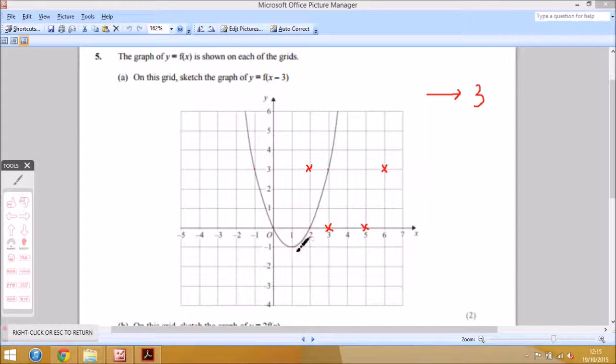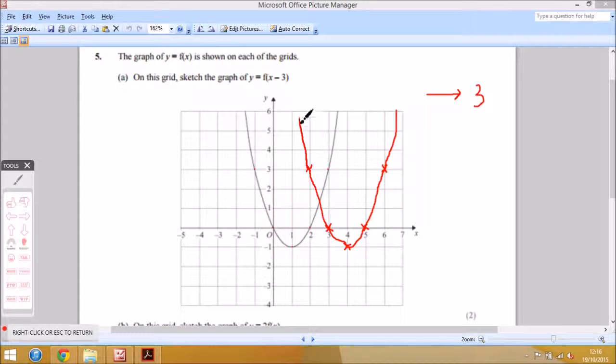Lastly, we've got this point at the bottom, which is the minimum point of the quadratic function, and that ends up there. So you start with those points first, and then you use them to build the rest of the graph. Remember, this is a curve, so you draw it freehand. And it's only a sketch, so it's not going to be highly accurate. But I think the way the mark scheme works is they go by these fixed points.